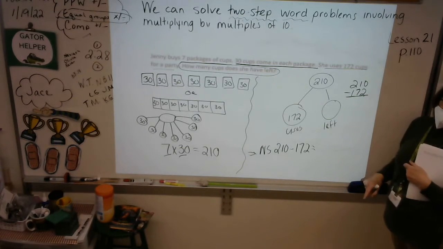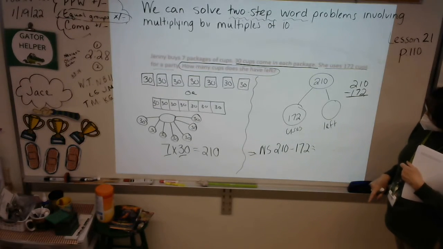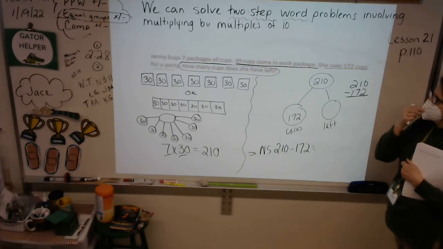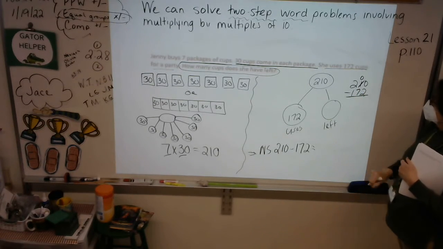Okay, so Kate said you got 38. So it wasn't really P, it was cups. We can't take 2 from 0, 0 minus 2, we can't do it, so we have to unbundle.